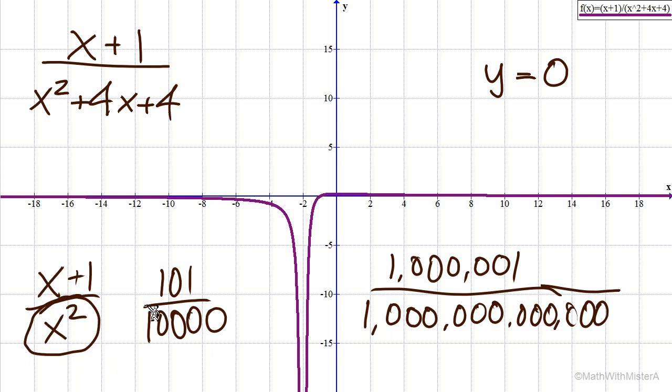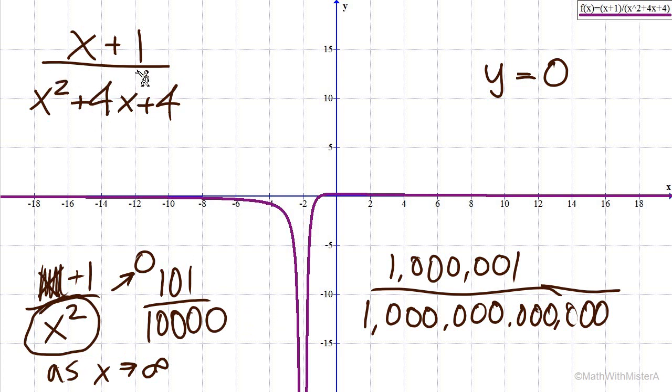Again, we get closer to 0. As x approaches infinity, this function is going to approach 0. And we're thinking that the x squared moves much more quickly. So we ignore that x and think about, well, if our denominator gets huge, that's a fraction that's going to get closer and closer to 0.